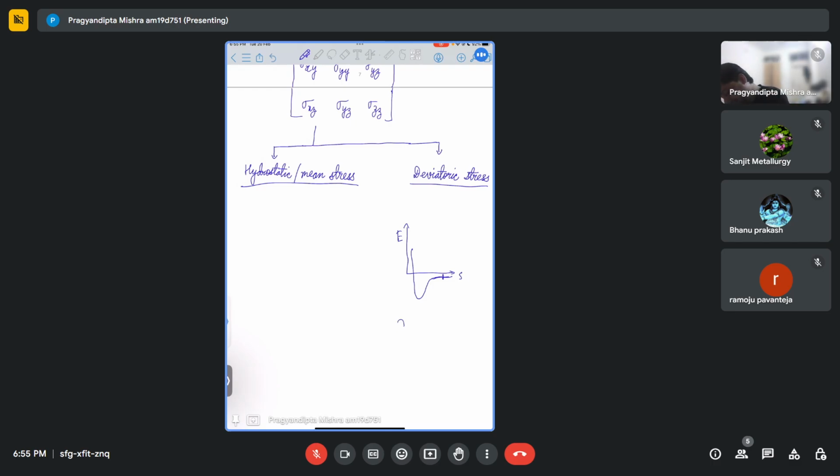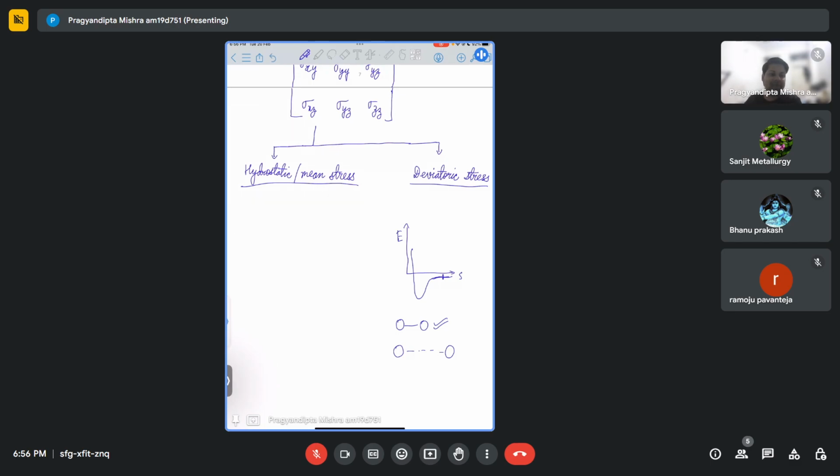If two atoms are pulled apart to some value, once you release the load, they will come back to their original state, to their mean positions. So within the elastic limit, this is what is happening.